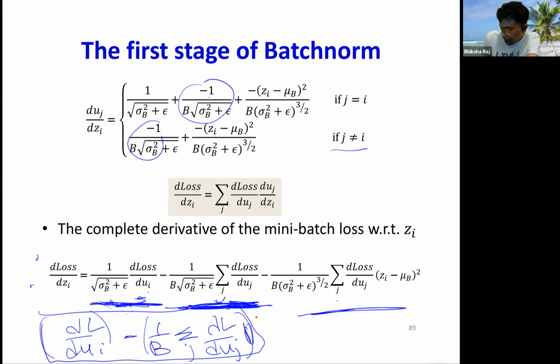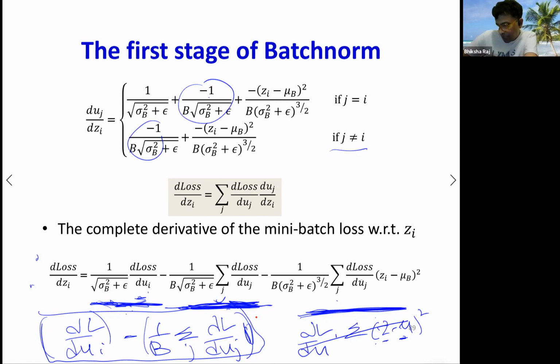Now, what about this term over here? If all the samples are identical, what is the second term going to become? Also 0, right? Because I can just write dl over du, that comes out, times summation z minus mu squared. But if all the samples are the same, this z equals mu, so this becomes 0 as well.